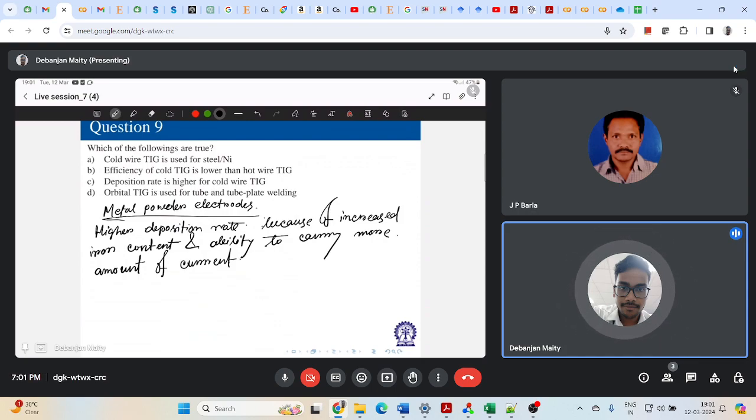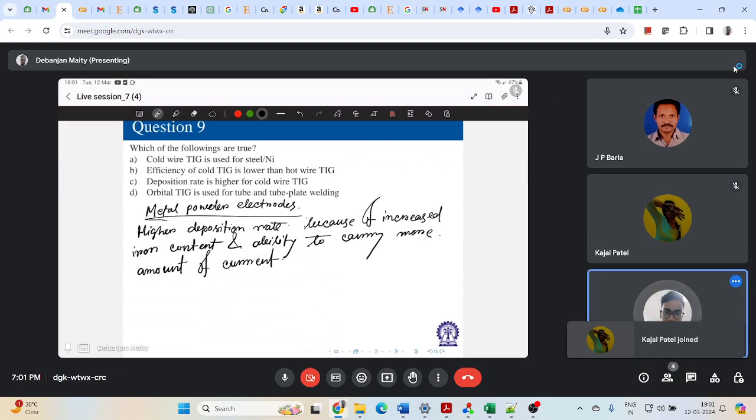So those are the functions of electrode covering, why you should use them, and what type of electrodes you should use in terms of protection of your molten metal, right? Now, what else does it serve?